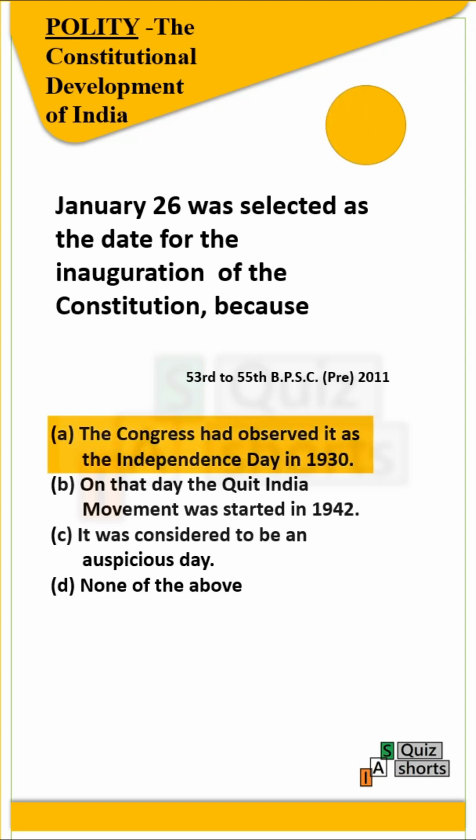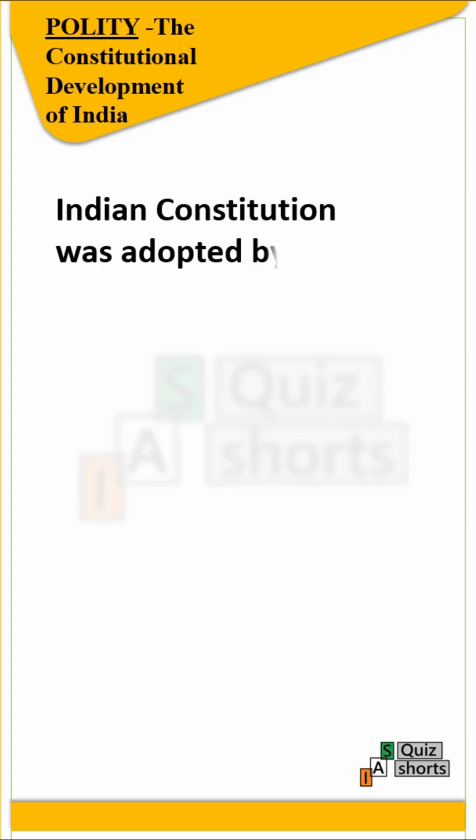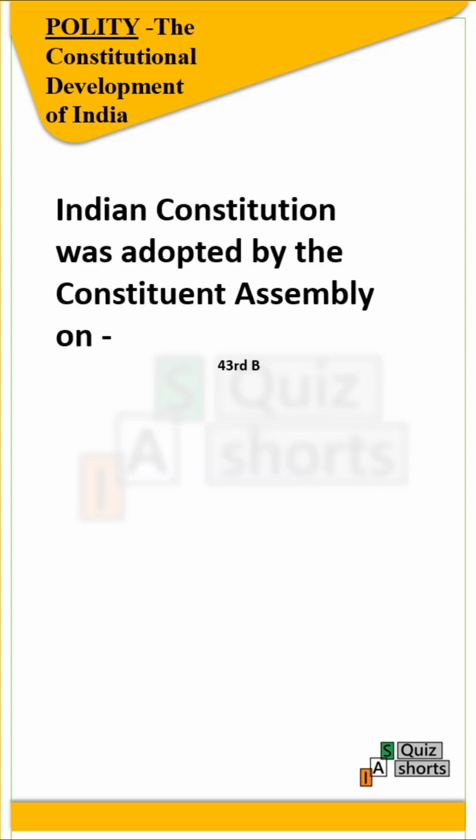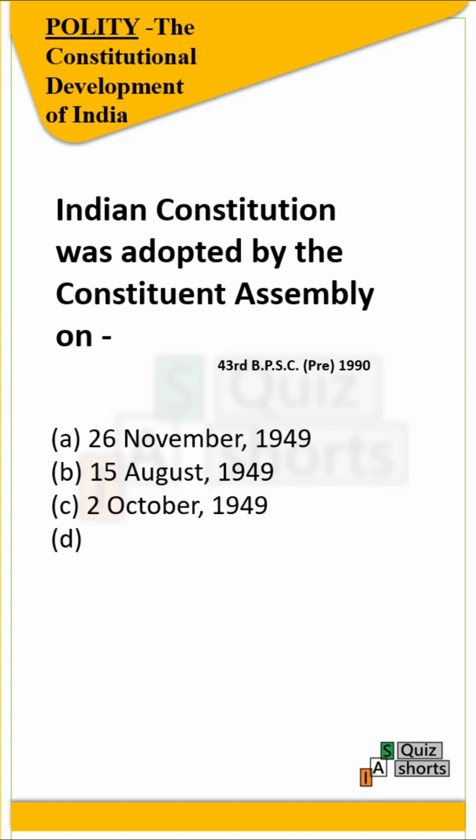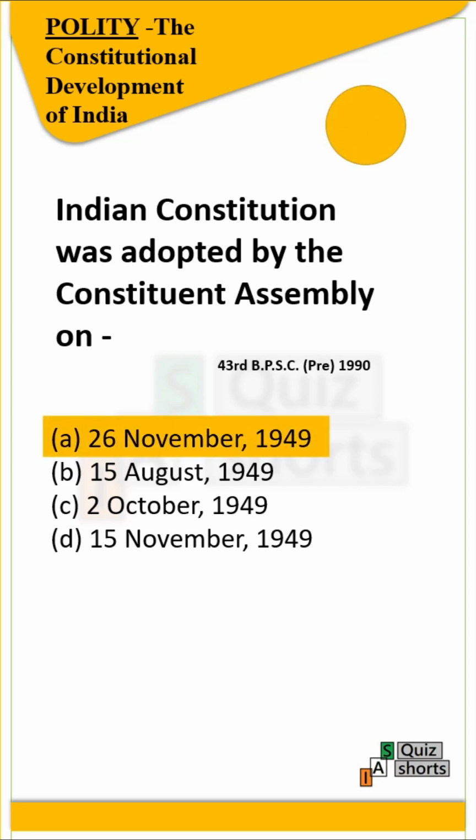Answer is A. The Congress had observed it as the Independence Day in 1930. Indian Constitution was adopted by the Constituent Assembly on A. 26 November 1949, B. 15 August 1949, C. 2 October 1949, D. 15 November 1949. Answer is option A. 26 November 1949.